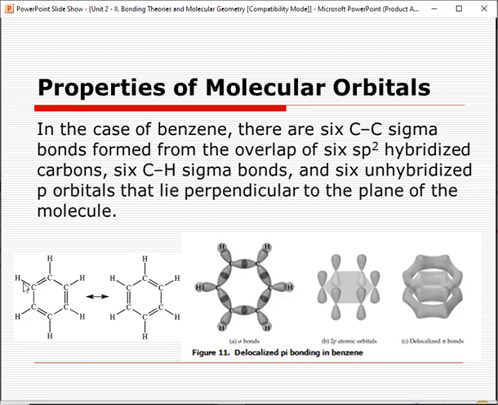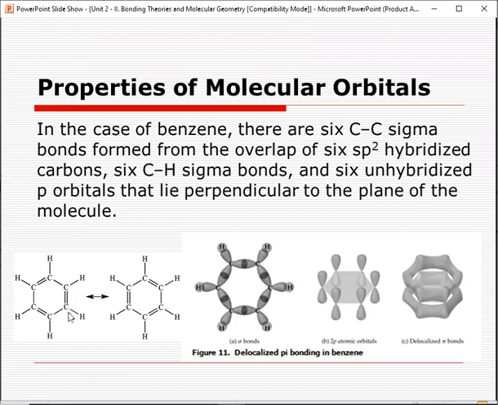But then, the 6 unhybridized, so, kaning double bond, nga perpendicular to each other, produces pi bond. So, kanang naay double bonds, naa na siya pi bond. So, in total, for the benzene, naa siya 1, 2, 3, 4, 5, 6, 7, 8, 9, 10, 11, 12 sigma bonds, but 1, 2, 3 pi bonds.